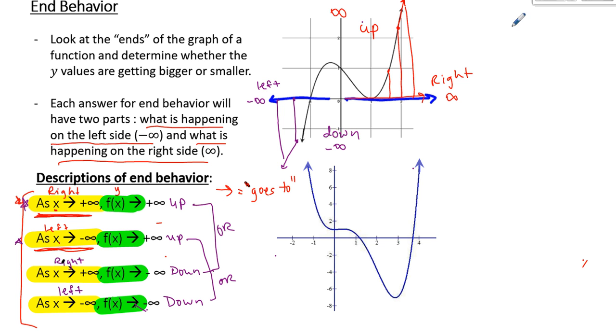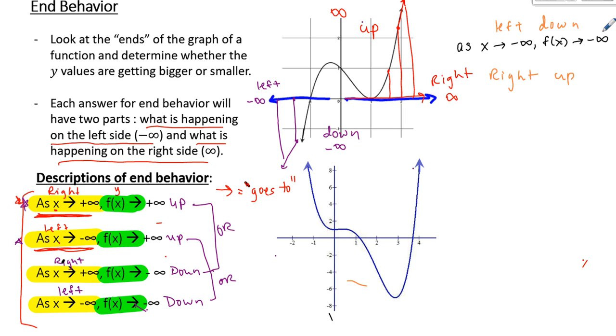We decided that on the left, it was going down, and on the right, it was going up. So here's the statement. Simple words, and you can use the same statements every single time. To say on the left, you would say as x goes to, left is negative infinity, so negative infinity, comma, f of x goes down, which is negative infinity.